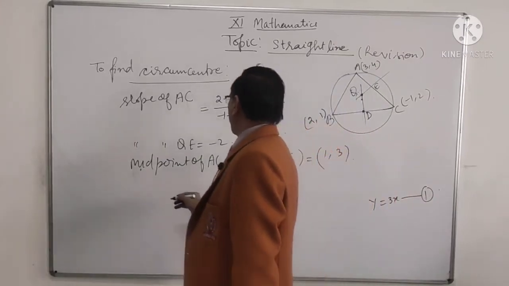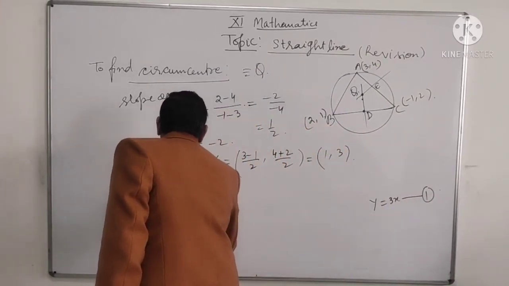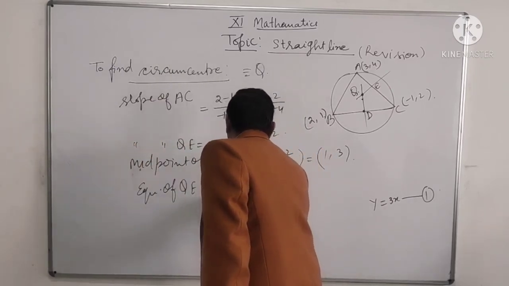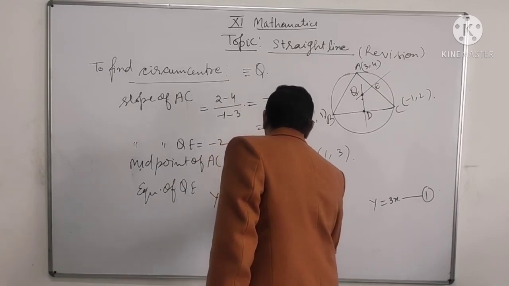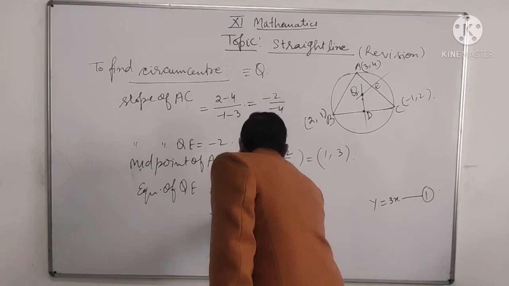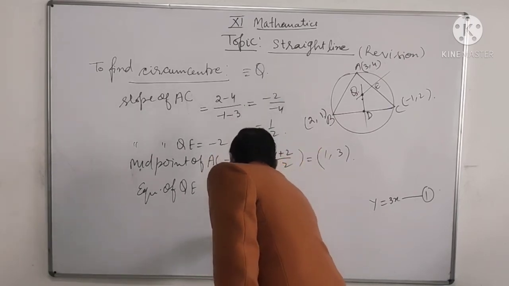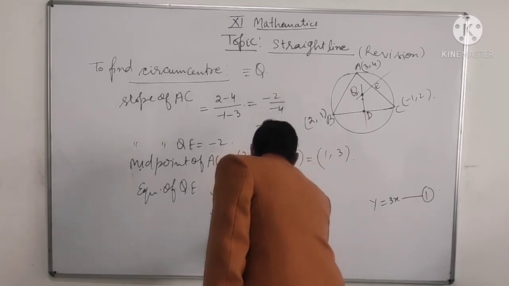Then equation of QE is y minus 3 equal to -2 into x minus 1. Then y minus 3 equal to -2x plus 2, or it can be written as 2x plus y minus 5 equal to 0.